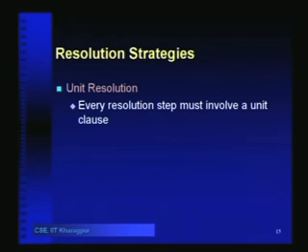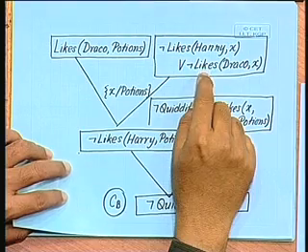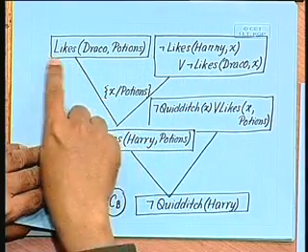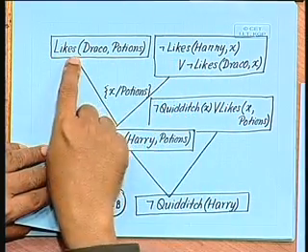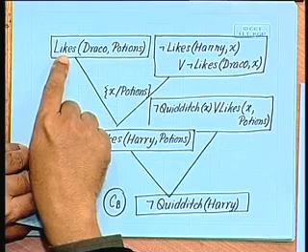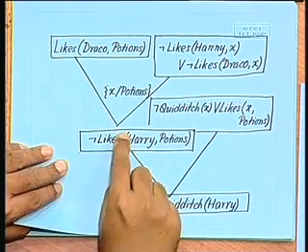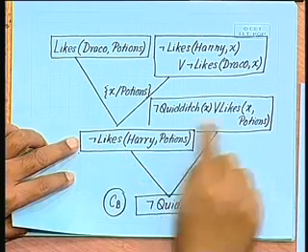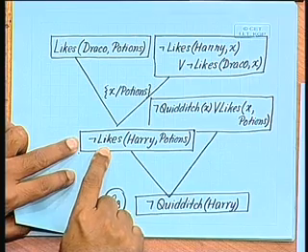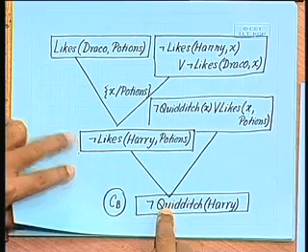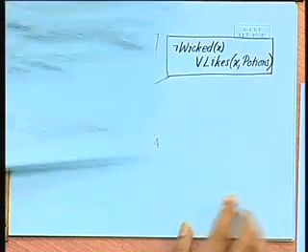Let us look at the resolution that we did just now, and then you will see that this is a case of unit resolution. See, we started with these two, and here this was a unit clause. Then the second step was these two, and again this is a unit clause. Then we deduce this, which is also a unit clause.